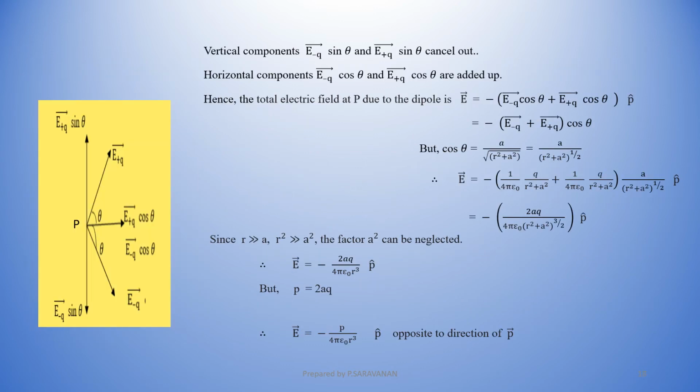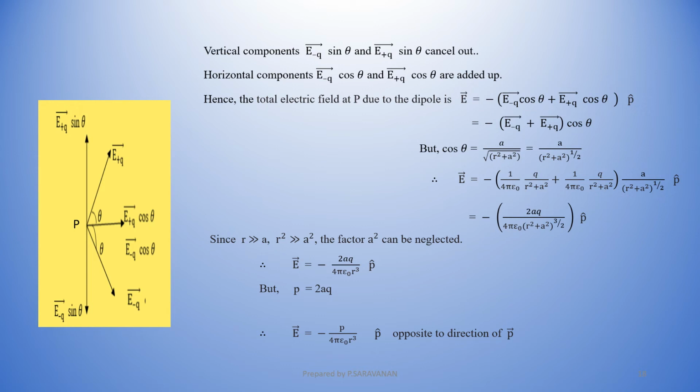Okay, look at the picture. The vector E_+q makes an angle theta with the horizontal. Similarly, the vector E_-q subtends an angle theta with the horizontal. Now let us resolve them into vertical and horizontal components.